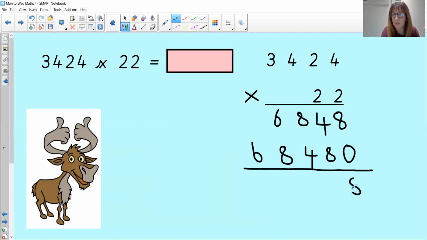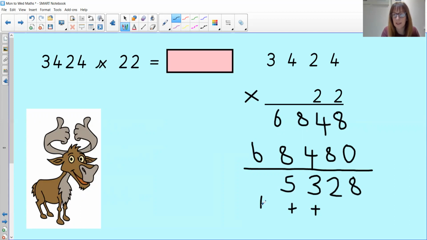So 8 add 0 is 8. 4 add 8 is 12. 8 add 4 is 12. Add the 1 is 13. 8 add 6 is 14. Add the 1 is 15.